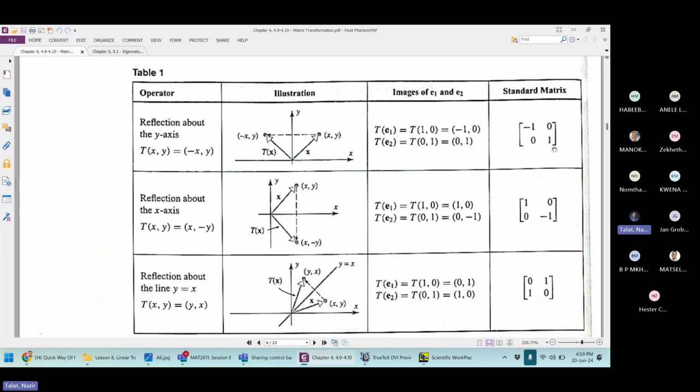There are many ways to get the standard matrix, but remember that for every matrix transformation there is a standard matrix which we can simply obtain.